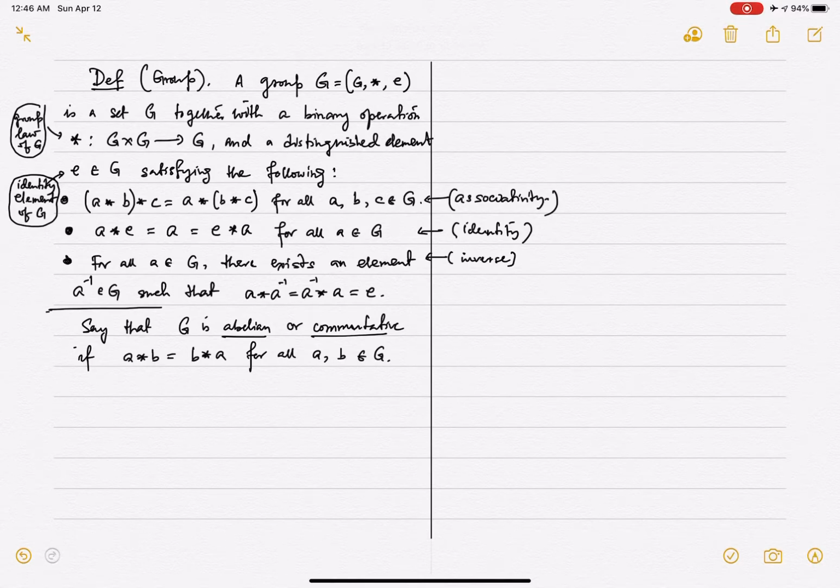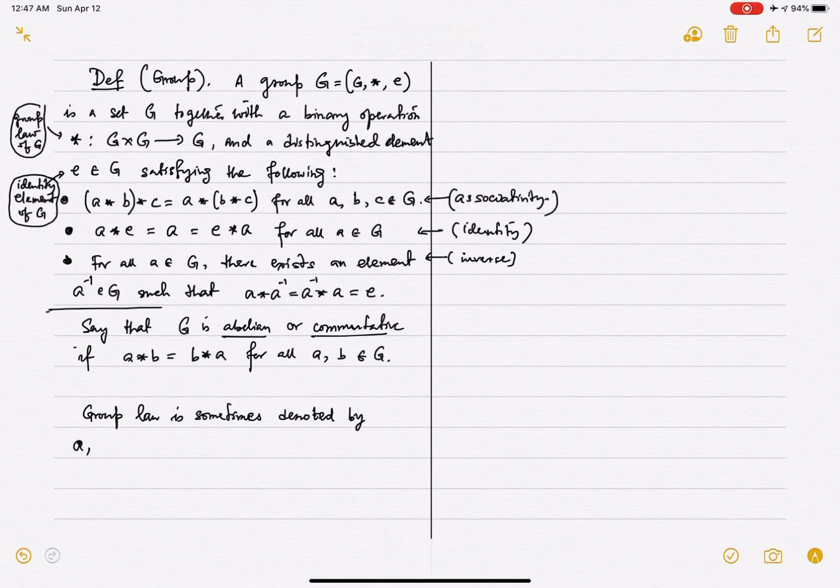Okay. This star, this group law, sometimes has alternate notations, so this is important. In different examples you use different notation because these are things that actually show up in different branches of mathematics, and these already have some notation set to them. The group law is sometimes denoted by a dot.